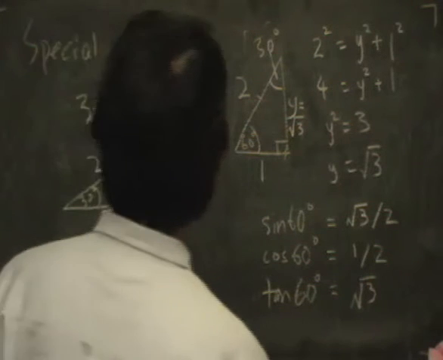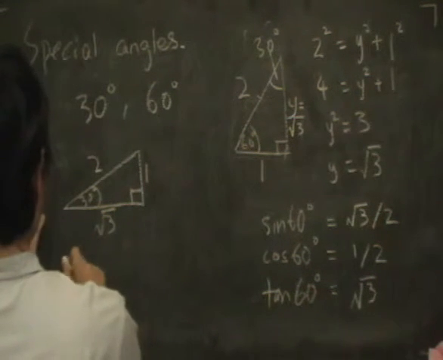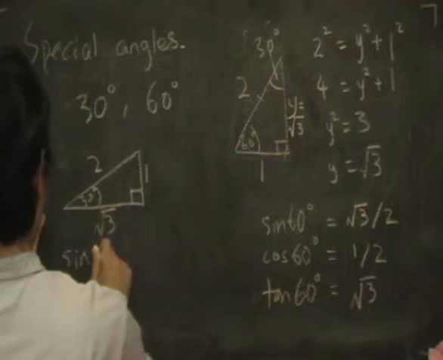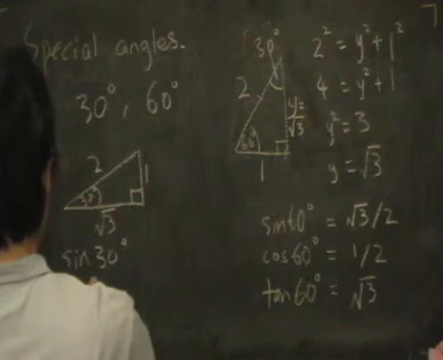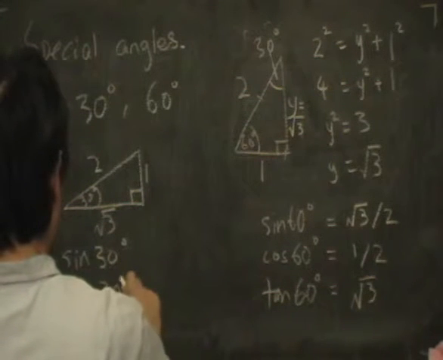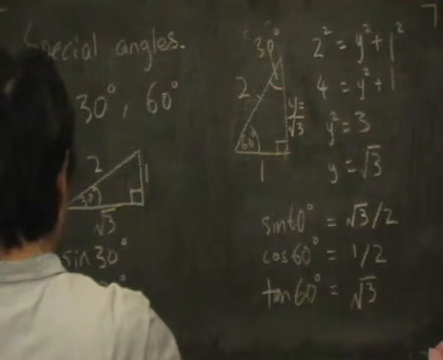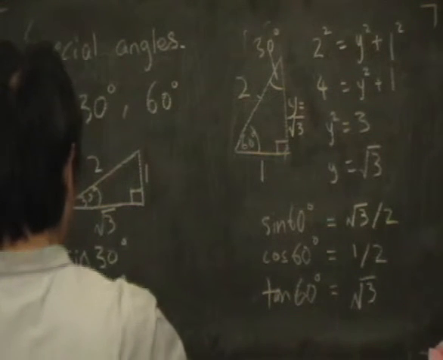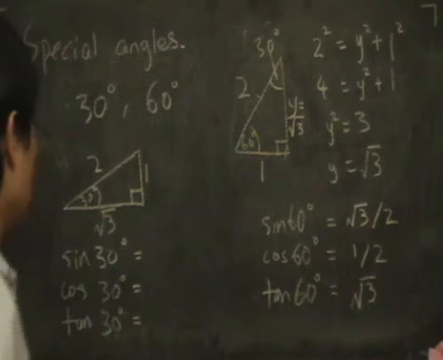So let's write down the answers. Sine 30 degrees, cosine 30 degrees, and tangent 30 degrees.